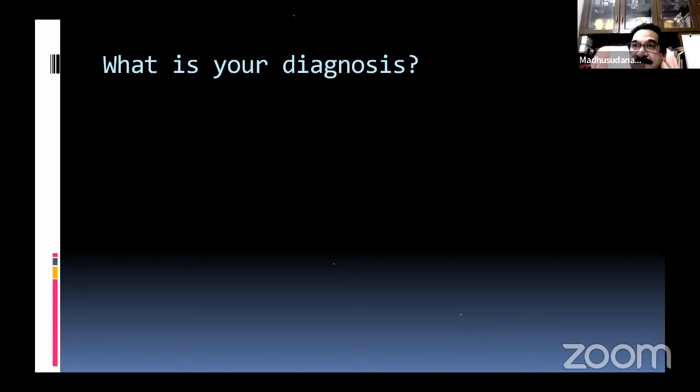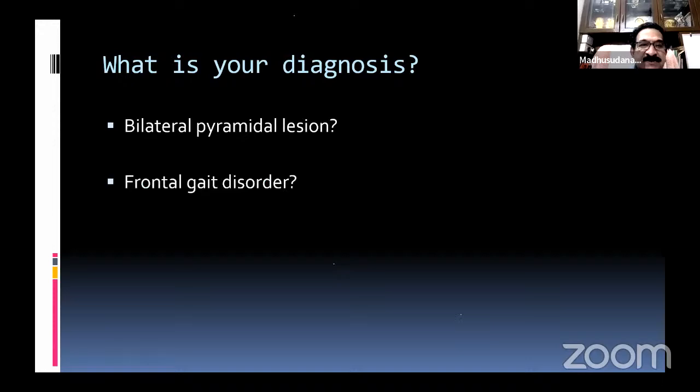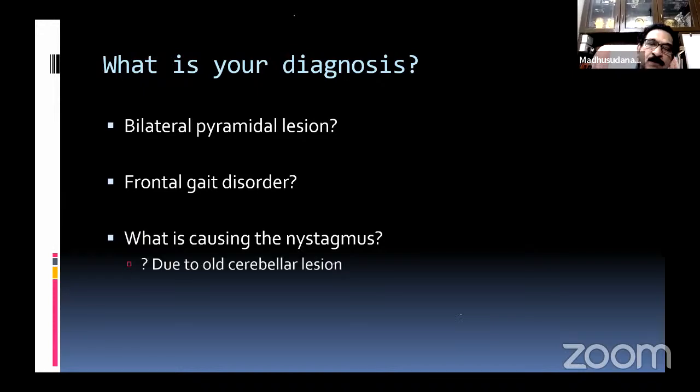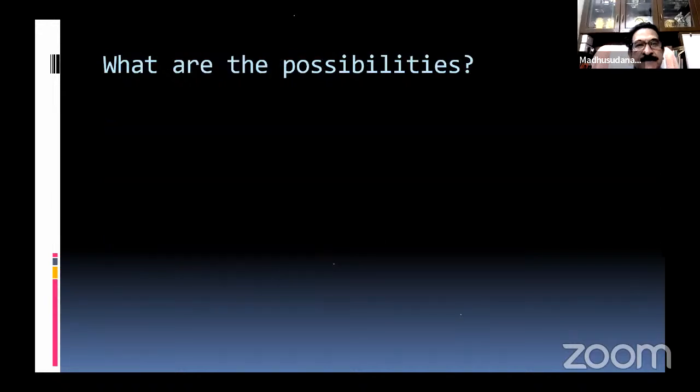The gait also can mimic a frontal gait disorder, except that she has got a little decrease in the arm swing. The nystagmus is also odd, but that could have been due to the old cerebellar lesion. Spinal pyramidal lesion is there, the frontal gait disorder, and the nystagmus maybe also. These are the things we have to keep in mind. So I thought old cerebellar lesion for the nystagmus, the other is a frontal gait disorder, possibly an NPH.